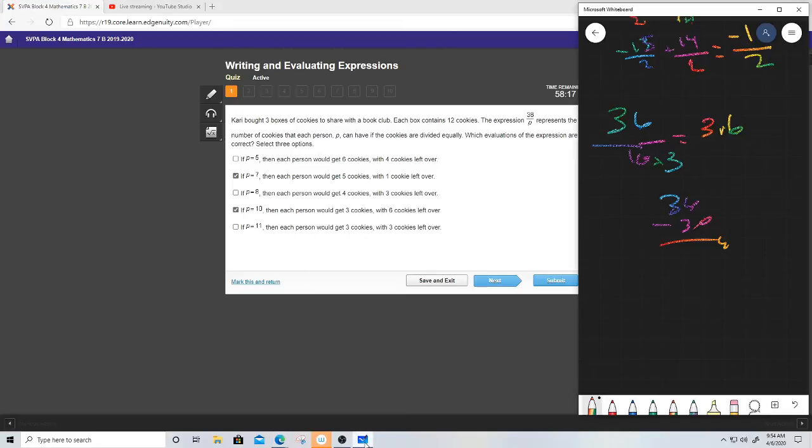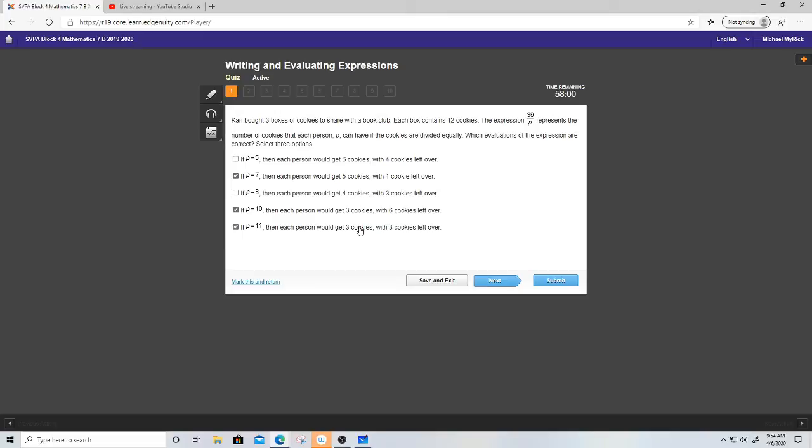I'm switching it up here. I'm learning as I'm going. 3 times 11 is 33, right? What is 36 minus 33? That would be 3 remainder 3. So that fits too. Make sure I didn't mess anything up. 32, 35, and then 30 would be 7 cookies. 36 divided by 5 is definitely 7.